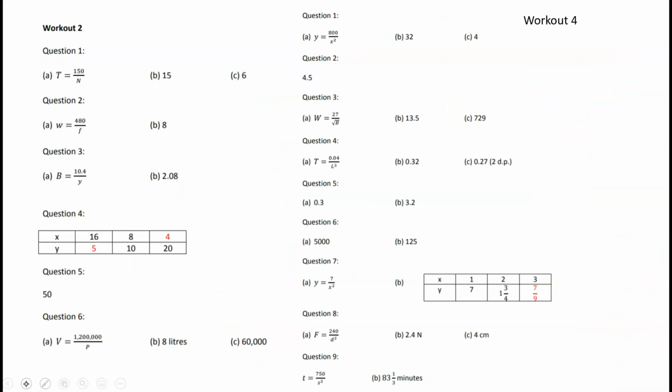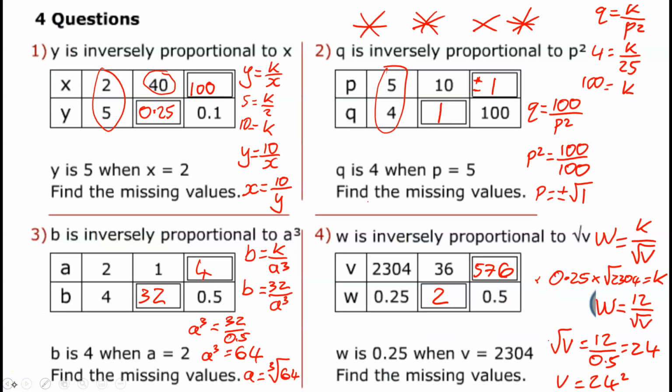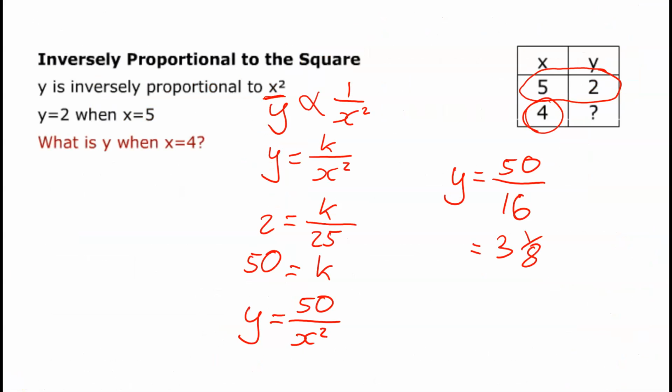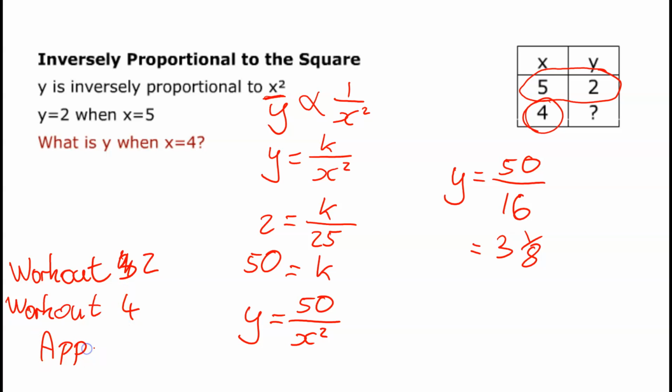Right, so, oh, no, that's not what I wanted to do. What I need you to do now is, on the worksheet from yesterday, I need you to do workout 2, workout 4, and then there is the apply section as well.